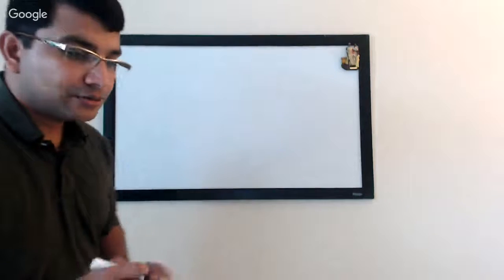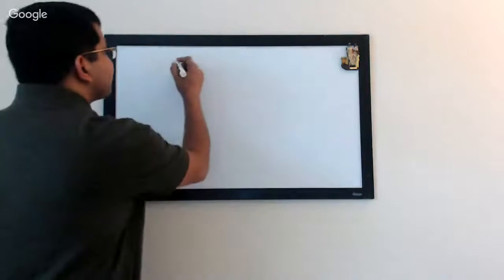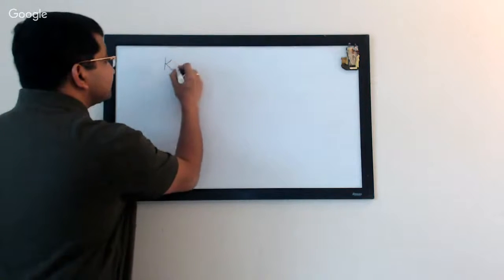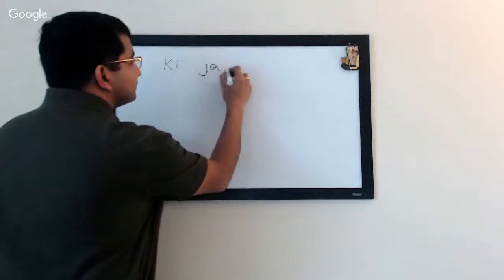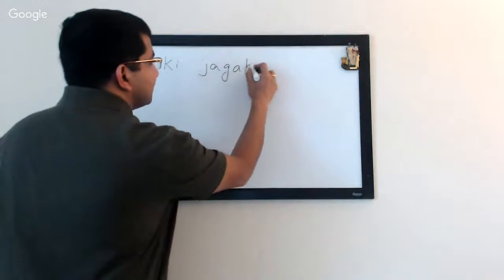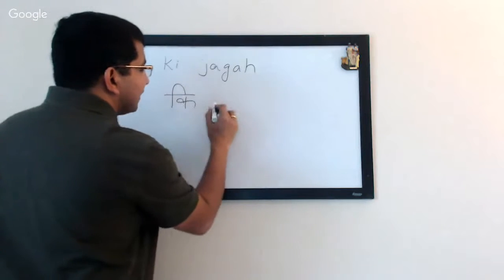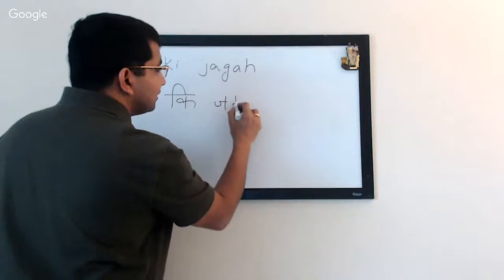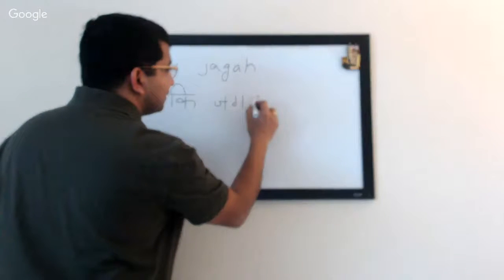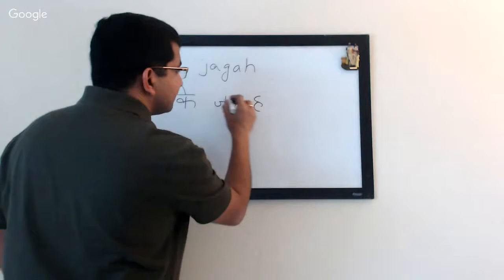So the first one I have is की जगह. The way you write it is ki, and जगह, j, g, and then h. की जगह, right? की जगह is in place of.